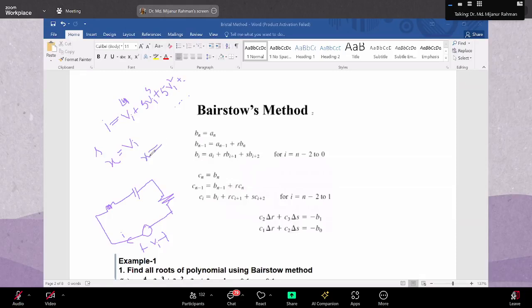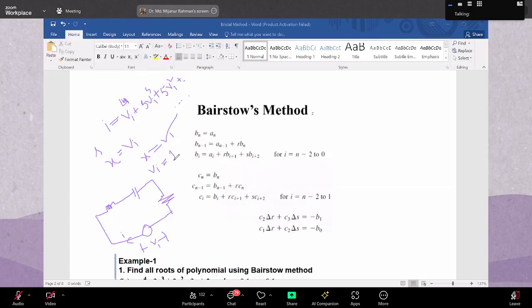But the question is not asking the value of x. The question is asking you to find the value of Vi. So after getting the value of x, of course, you should convert the value of x back to Vi. You should say Vi; if x is 1, Vi will be 1. But you have to say it.